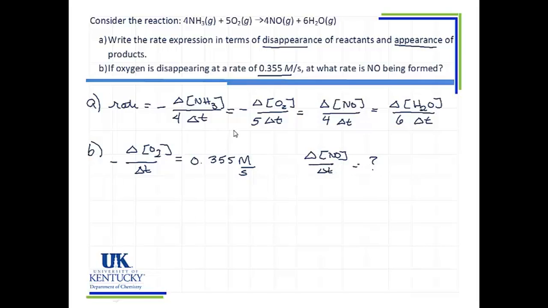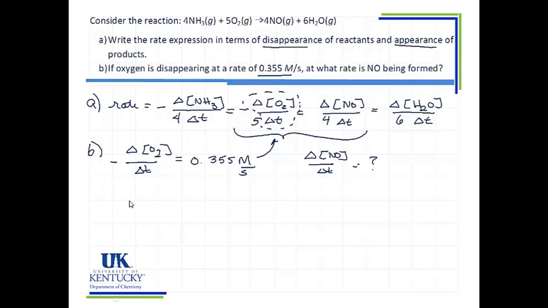We can come up to our rate expression and notice that we have those two pieces in the middle part of this rate expression. We also see that the change in O2 is observed, and I'll put kind of a dashed circle around it. We see it right here, and this is the value that they gave for us.